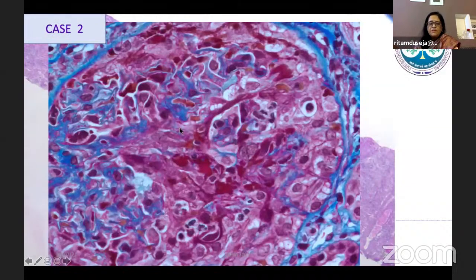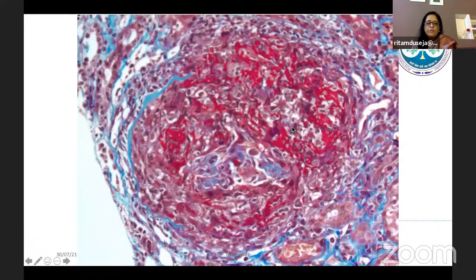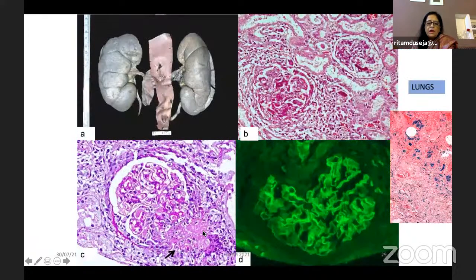Now, another situation where we have this kind of crescentic GN, but all these crescents are of the same age, and we are not seeing any interstitial vessel showing arteritis, only granulomas which are of one age, and arteritis only restricted up to the afferent. This is a scenario where anti-GBM has to be considered, which will be confirmed by immunofluorescence of kidney or by serology.